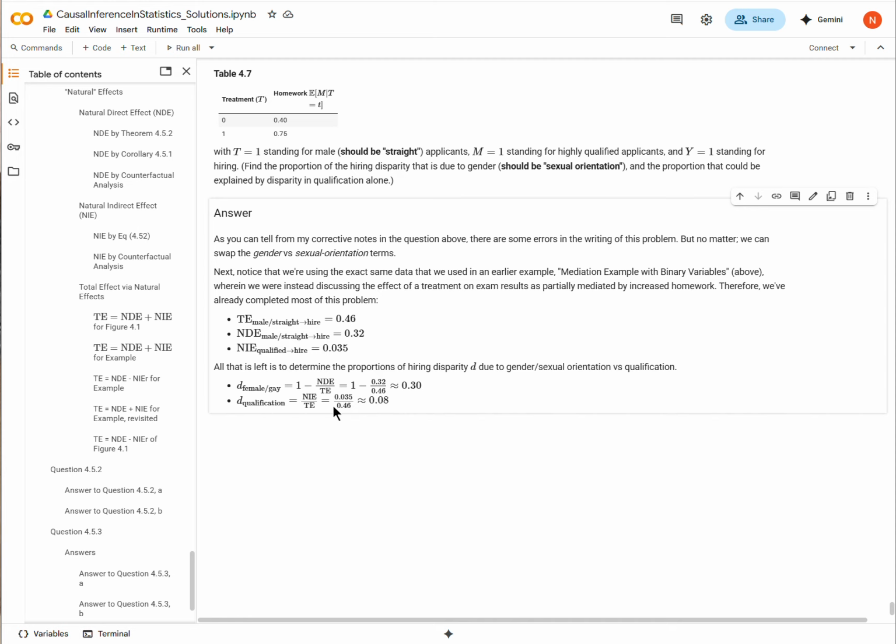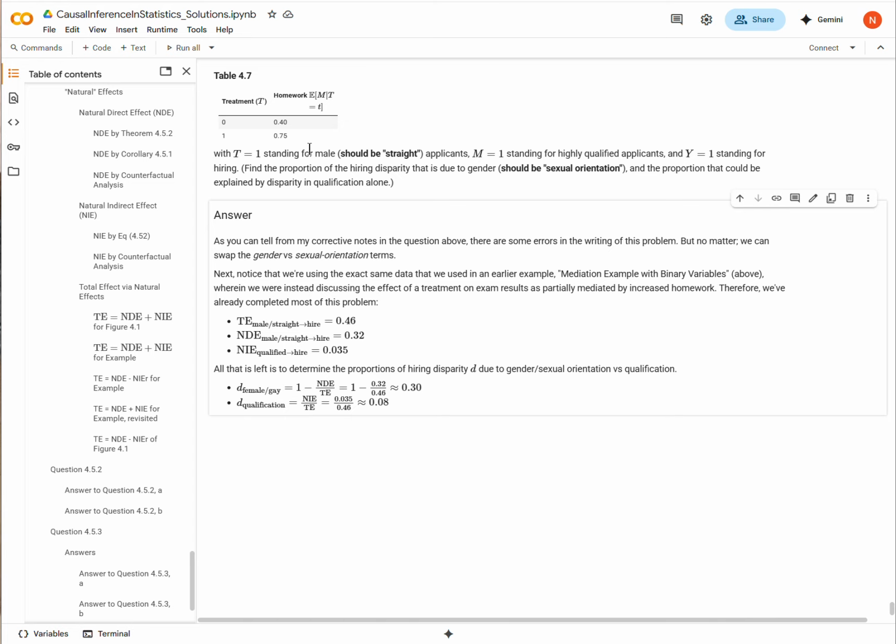In other words, what's happening here is there is apparently a difference in who gets hired at this firm between either males and females or gay and straight employees. The question is whether that disparity exists because it just so happens that, of their applicant pool, the male or straight employees have higher qualifications, or because there is some kind of discrimination taking place against females or gay applicants.